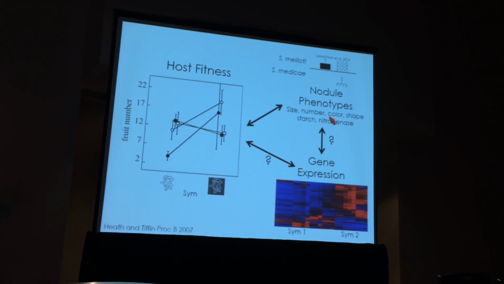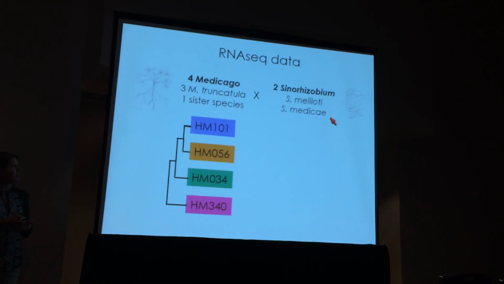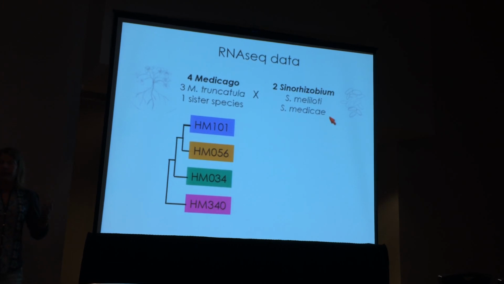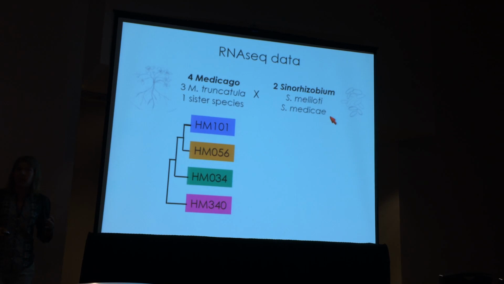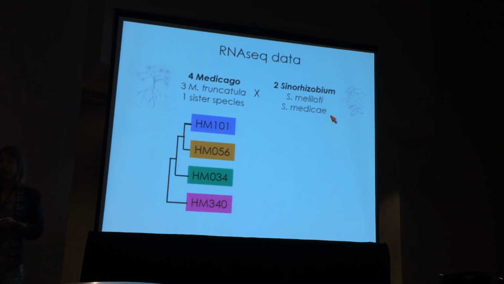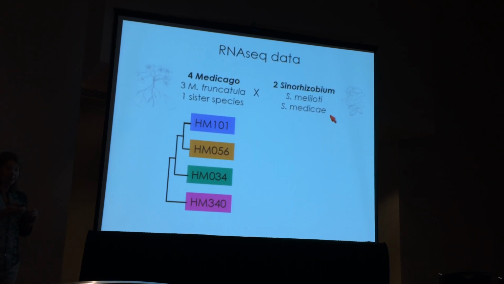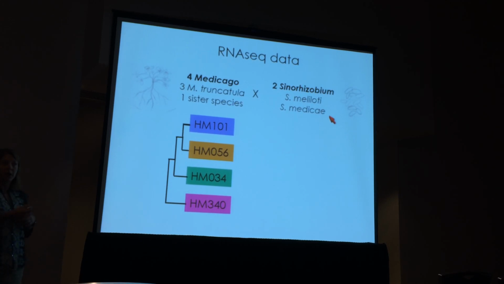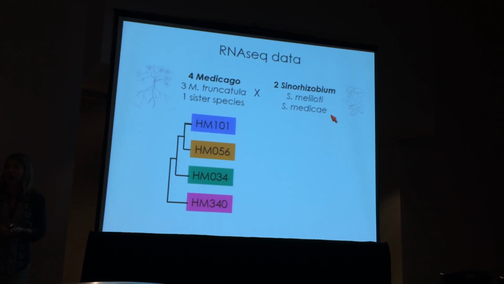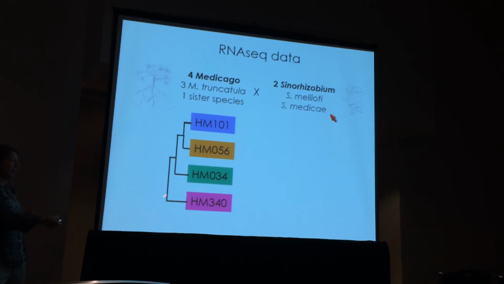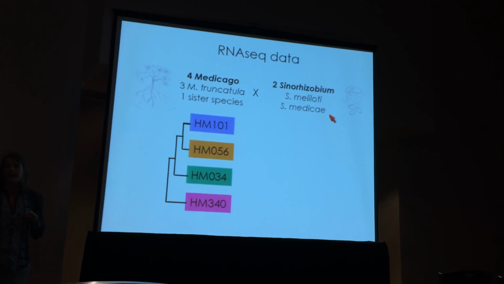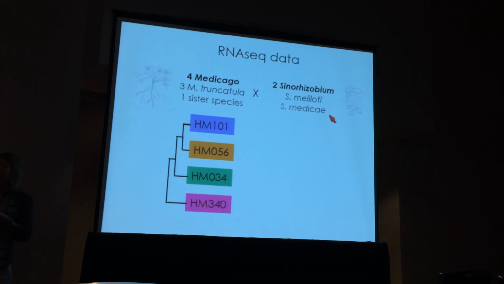So we did a very simple experiment to look at this. It's an RNA-seq experiment of transcriptomes where we have 4 different plant genotypes and 2 different rhizobial species. This is the reference genotype for Medicago truncatula. We also have this outgroup, which is actually a sister taxon, which is used for transformation work in the system.